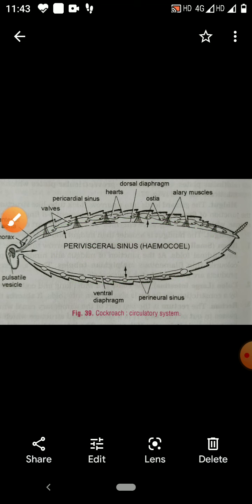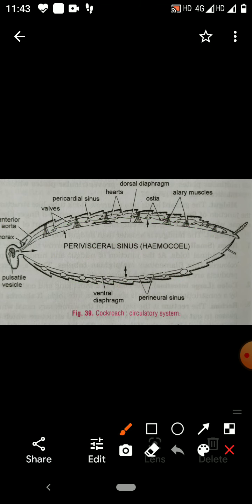The heart is present in the pericardial sinus. The heart consists of an elongated muscular tube.